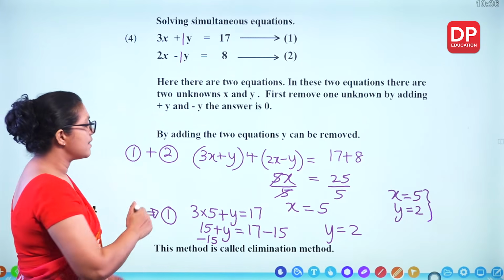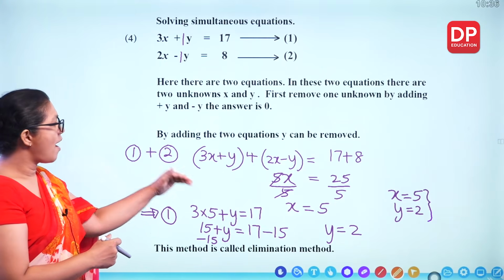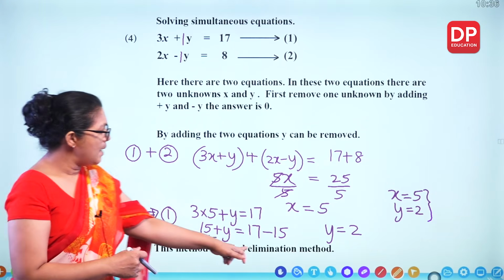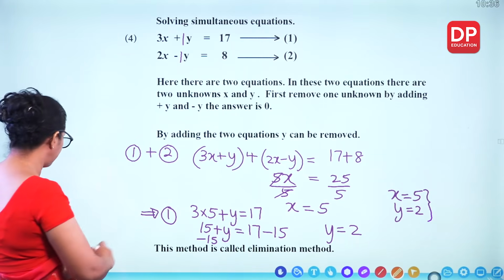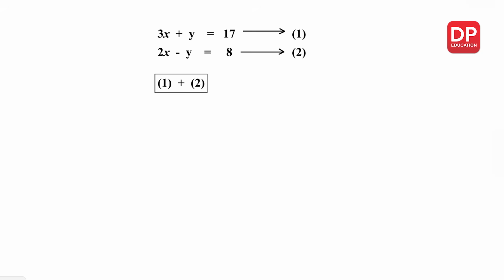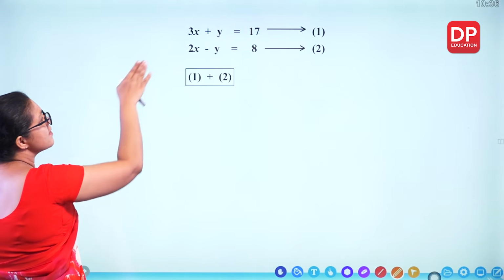Now this method is called the elimination method because we've removed y here. So eliminating y, elimination method. Look at this one. Same thing, step by step.